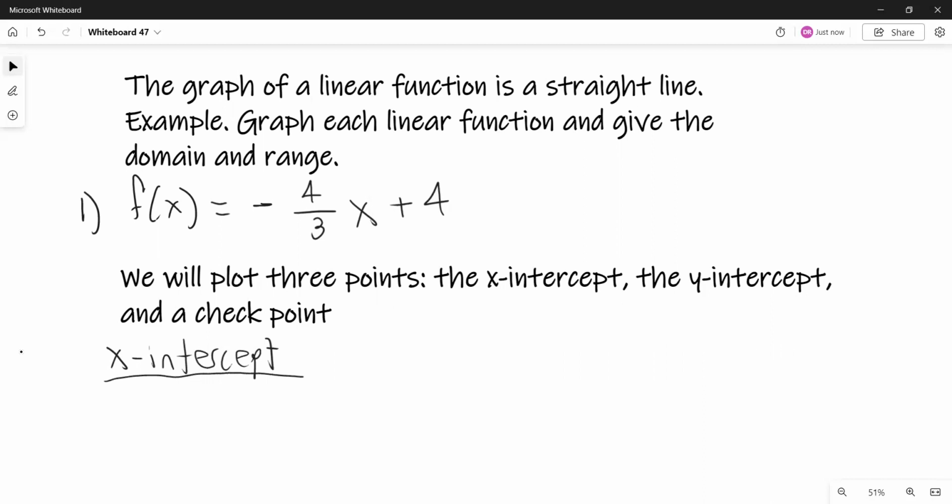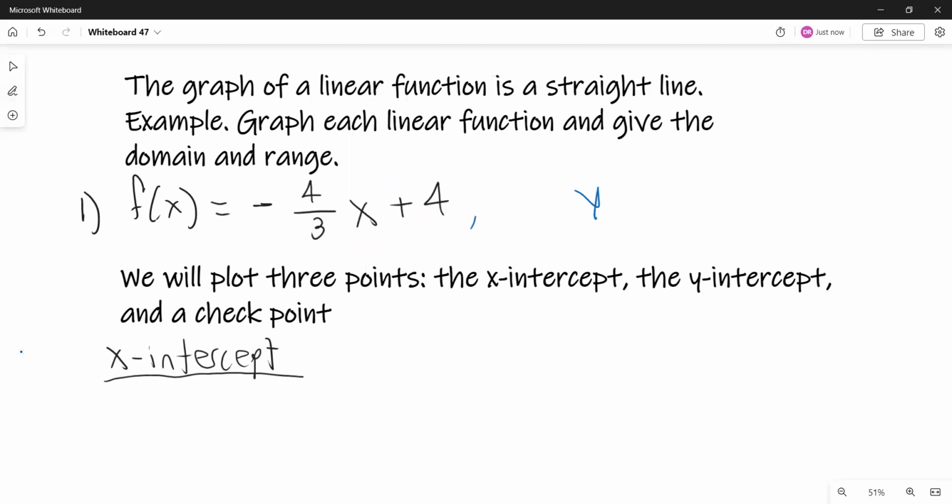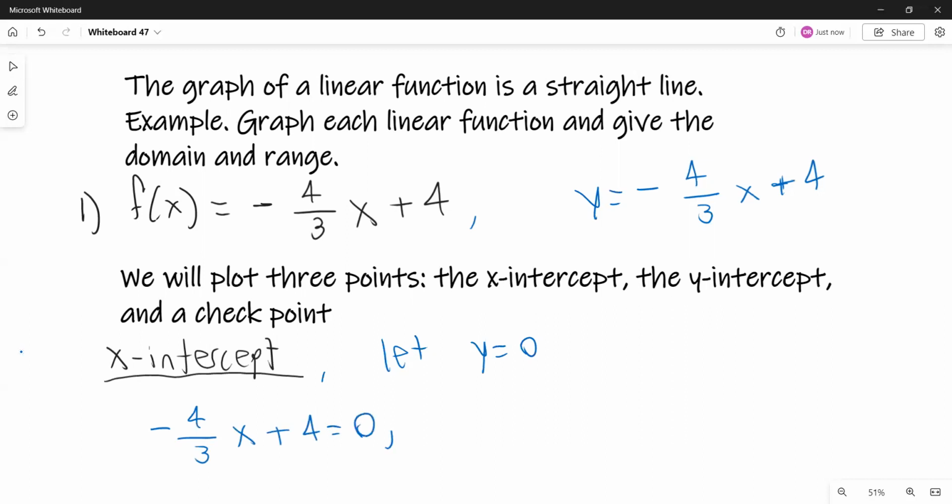If we want to find the x-intercept, we can rewrite the function as y equals the opposite of 4/3 x plus 4. So the x-intercept occurs when y is equal to 0, so we let y be 0. So minus 4/3 x plus 4 is equal to 0. That's a linear equation that we did before.